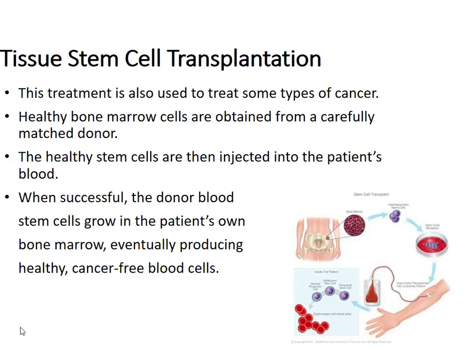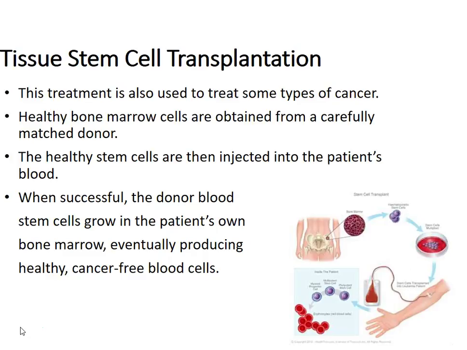So if there's somebody that has an issue with their blood, they might need a bone marrow transplant to help them produce healthy blood cells. So they're going to need healthy bone marrow cells from a donor, and that donor has to be carefully matched to make sure that the tissues won't be rejected by the person who needs the donation.